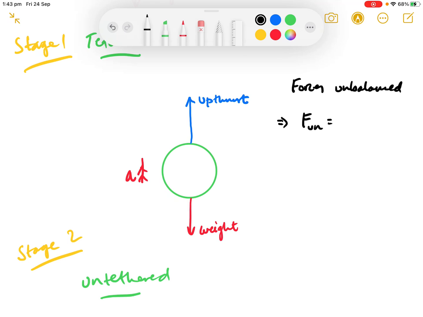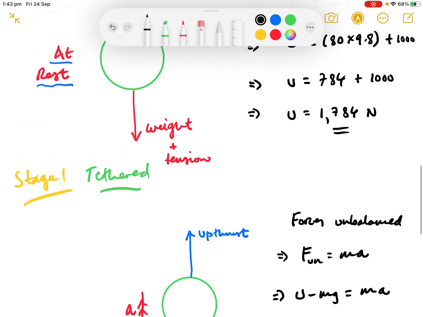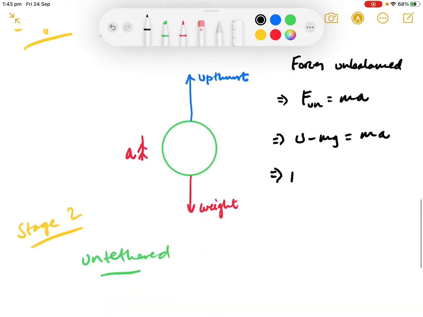So we can apply Newton's second law. And A is the only unknown. Well, the unbalanced force is simply the up thrust minus the weight. And we now know both of these.